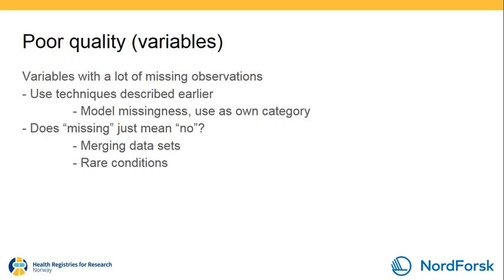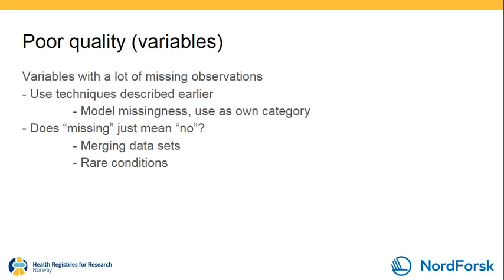Sometimes missing just means no. If we're merging data sets, for example, that happens. If you have some rare condition, like with the clefts, for example, if you're merging the cleft registry with the cause of death registry, then the cause of death registry isn't going to have a variable that's called facial cleft.